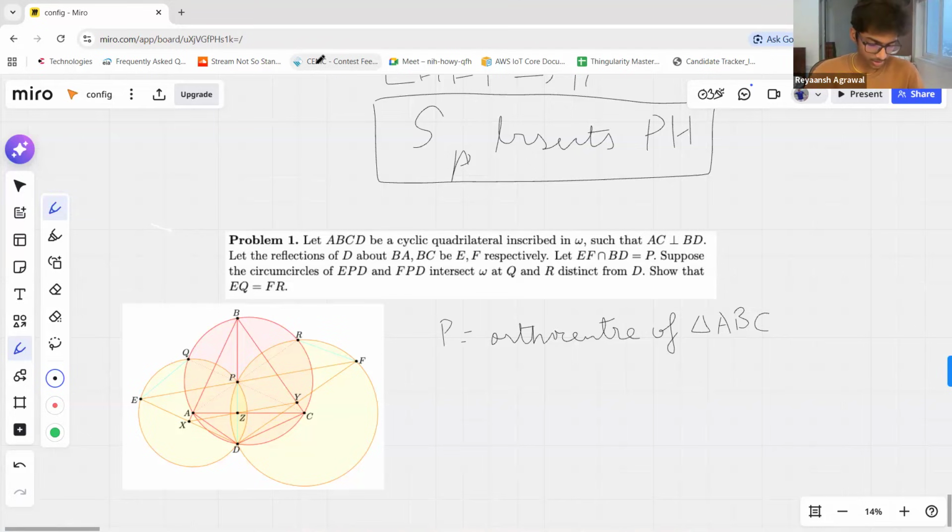So in fact, we get EQPD is an isosceles trapezium. So EQ is equal to PD.